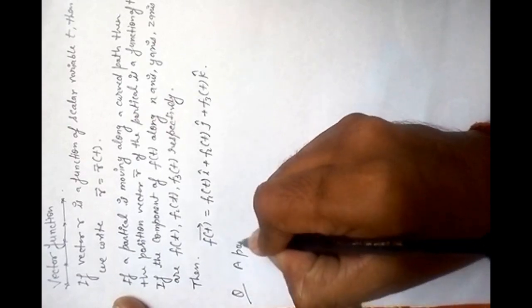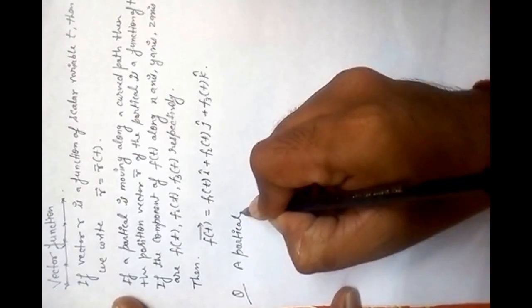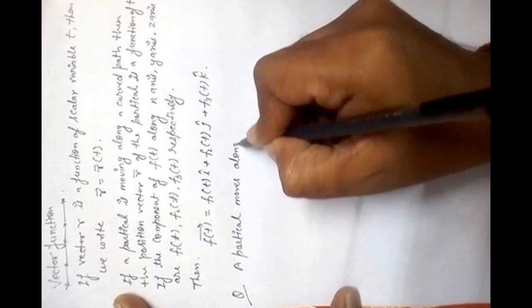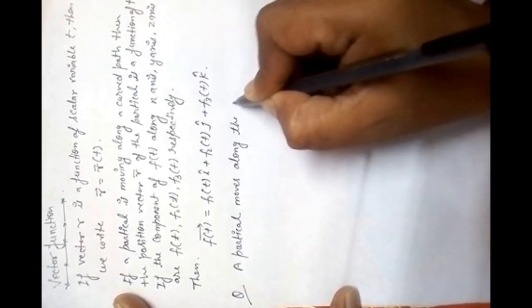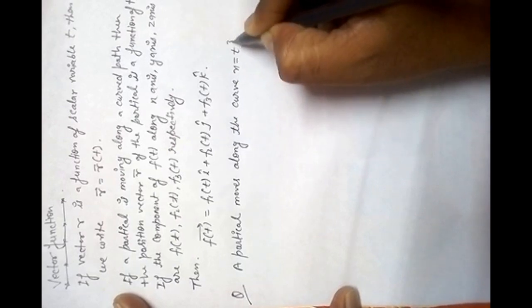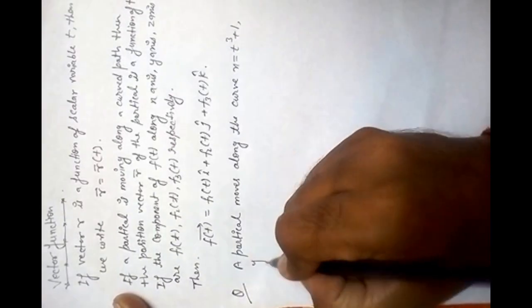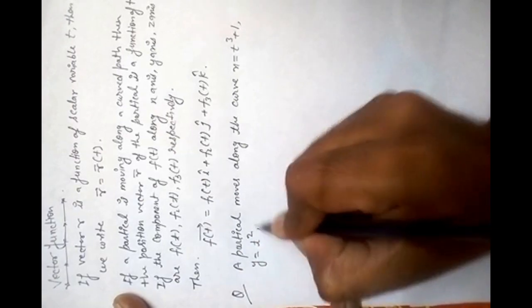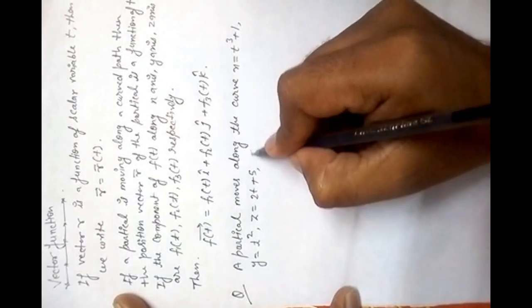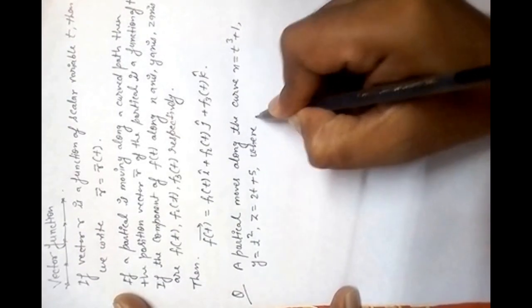Question: a particle moves along the curve x equal to t cube plus 1, y is equal to t square, z is equal to 2t plus 5, where t is the time.